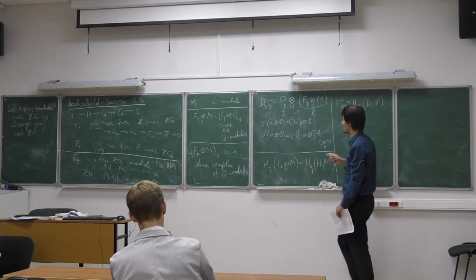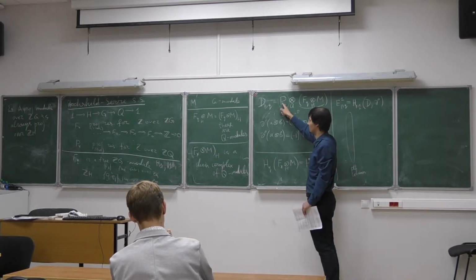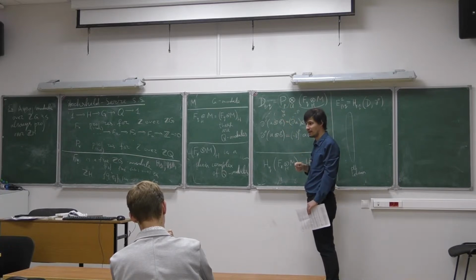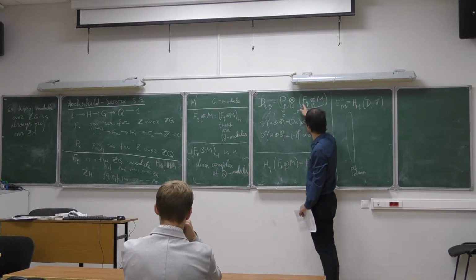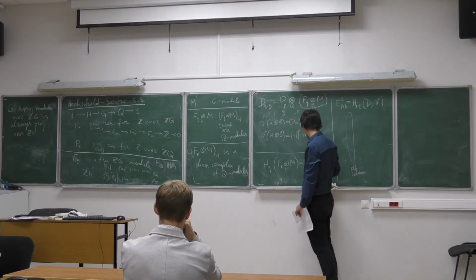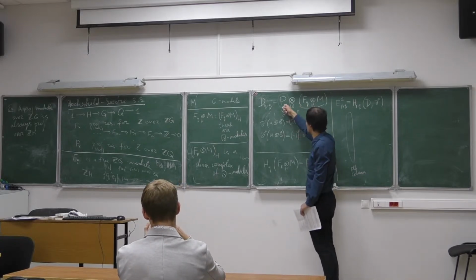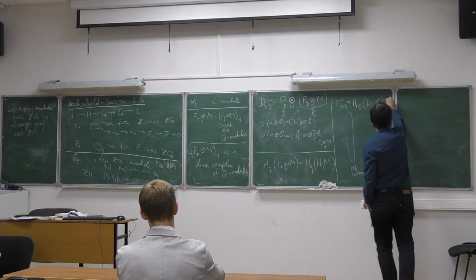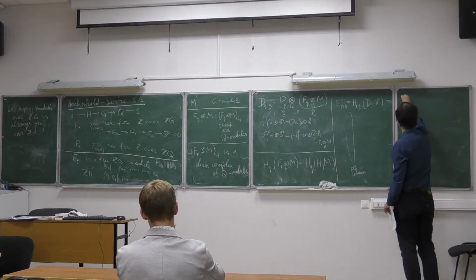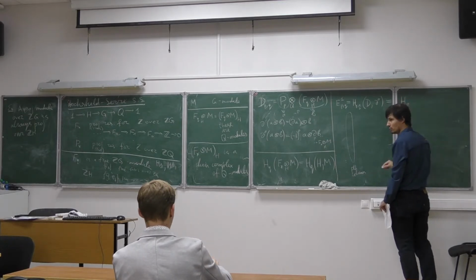And moreover, this is a projective, or we can assume even free Q module. Generally, tensor product is not an exact functor, but tensor product with a free module is, of course, an exact functor. So, what we get is exactly the tensor product of this homology with that Q module.